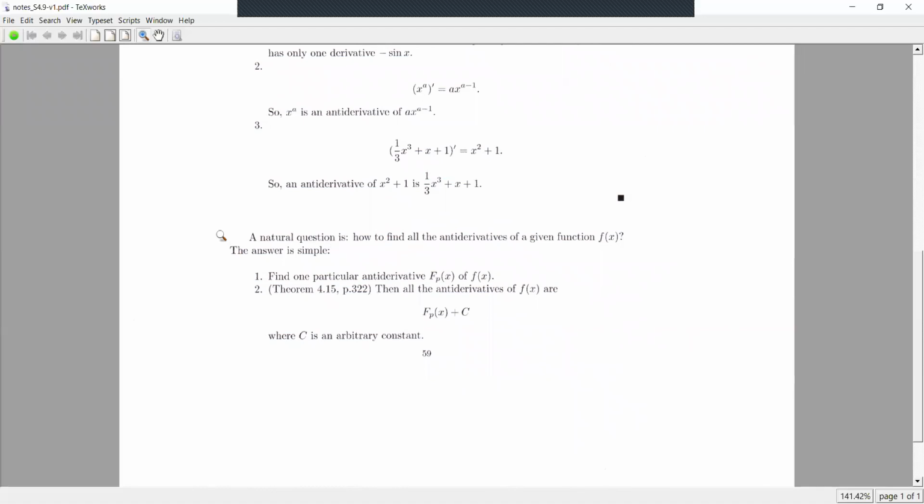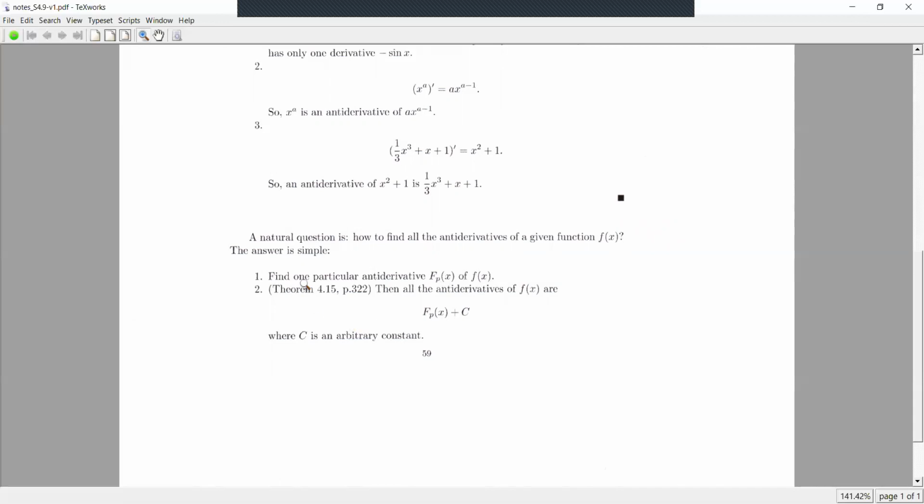About antiderivatives, one natural question is, given a function, how to find all the antiderivatives of the function? The answer turns out to be simple, just 2 steps.